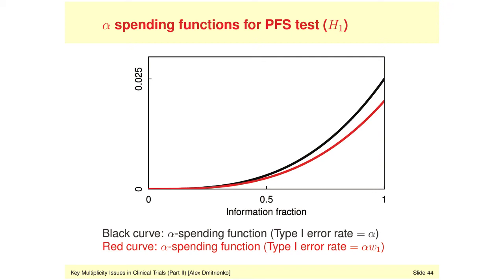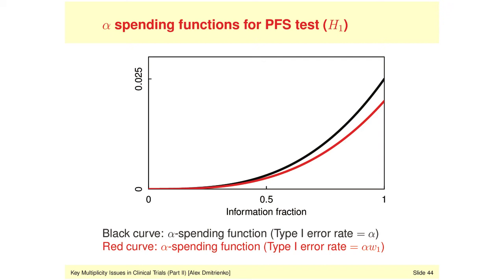However, in step 1 of the same algorithm, we know that the hypothesis H1 will be tested at a reduced significance level, which is given by alpha times W1, and to be able to compute the corresponding adjusted significance levels that will be used in the group-sequential setting, we will need to apply the red curve.